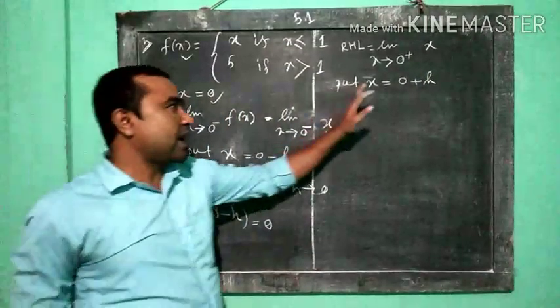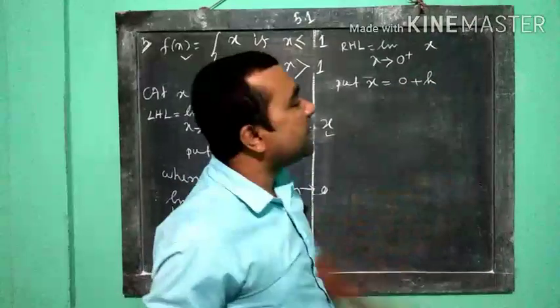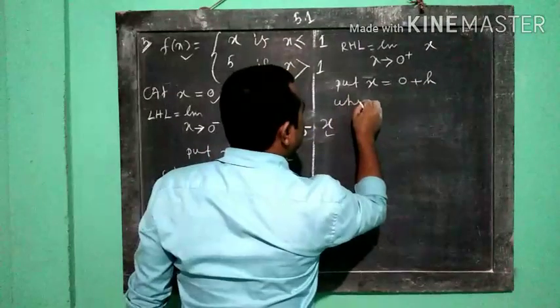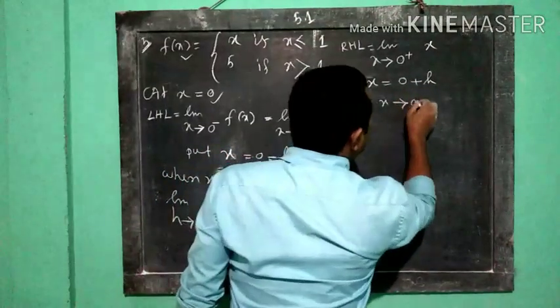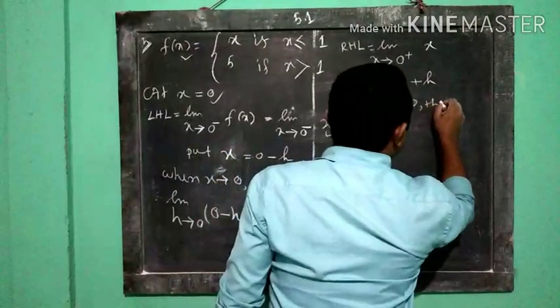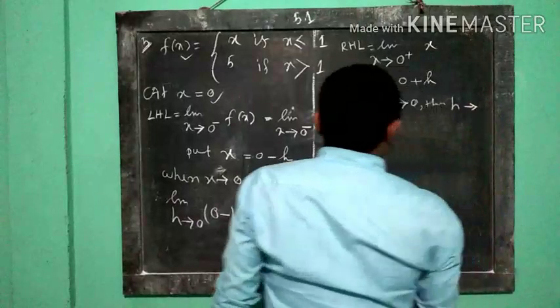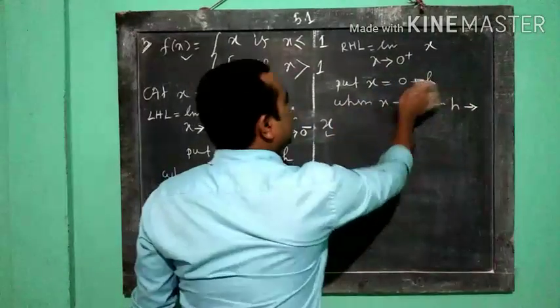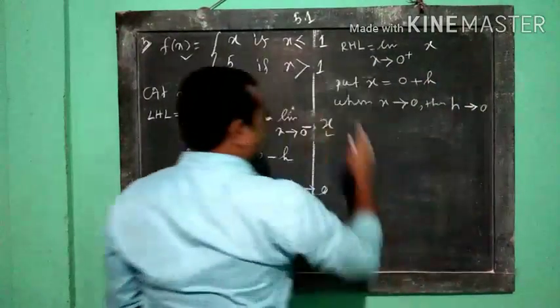So put x equal to 0 plus h. When x tends to 0, then h tends to 0.